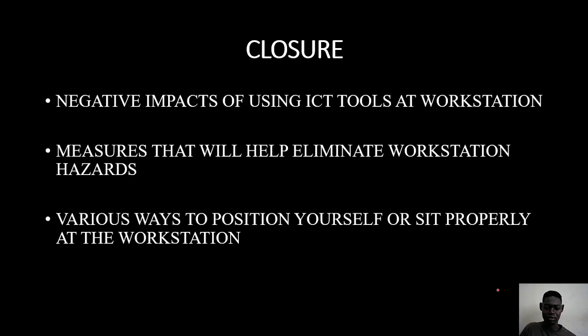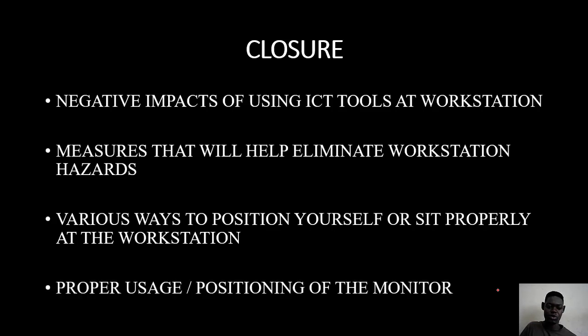If possible, you use a footrest for support, and other points. After that, we moved on to the proper usage or positioning of the monitor. The screen should be at your eye level or at an angle slightly 0 to 30 degrees. Do you still remember that? We mentioned that in the proper positioning of the monitor.